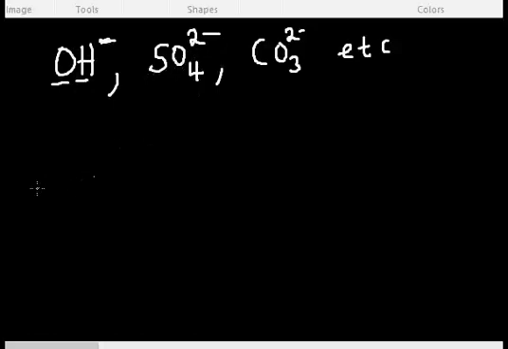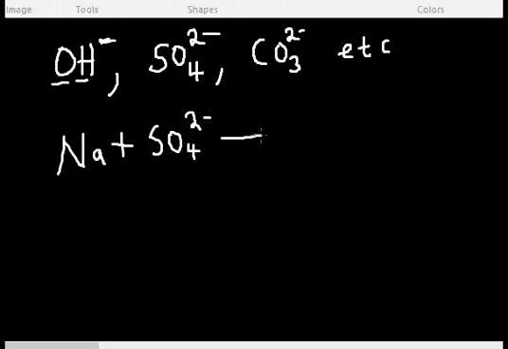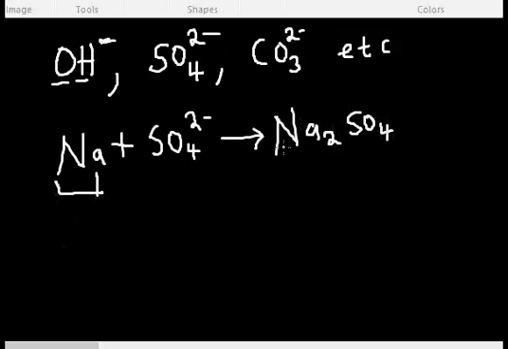So now a situation where you have a positive ion reacting with a radical. Let's look at this example. You know very well that what will be formed is Na2SO4. That's what they call an ionic compound. This is the positive part of it, and this is the negative part of it.